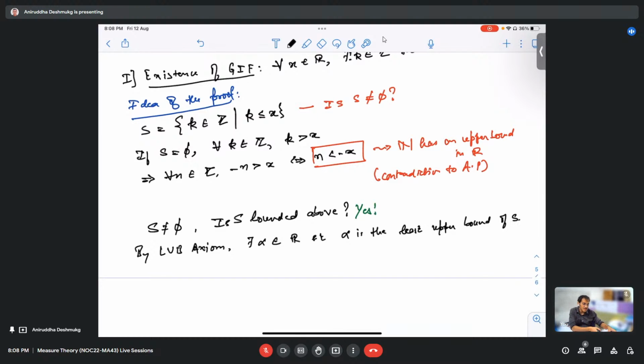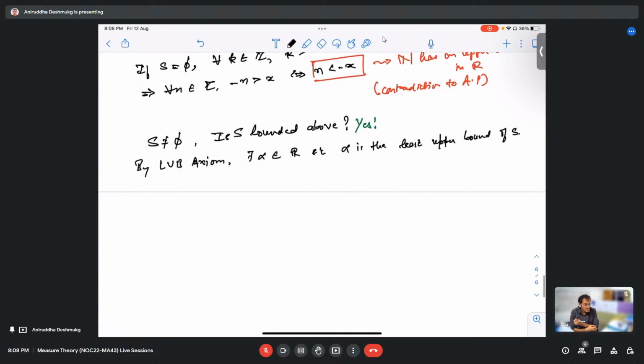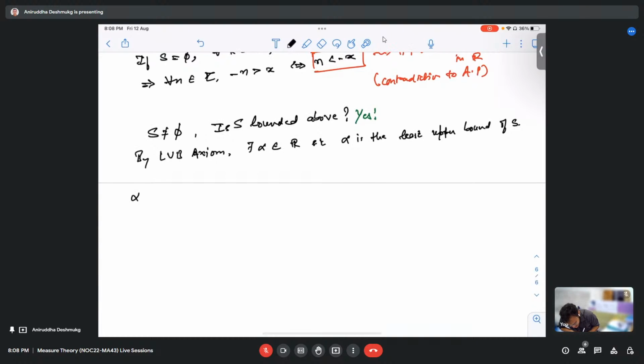So I'm not saying that this alpha is in S. I'm only saying that this alpha belongs to R. From here, what we want to do is construct some integer k such that x lies between k and k plus 1. So for that, let us look at alpha minus 1.